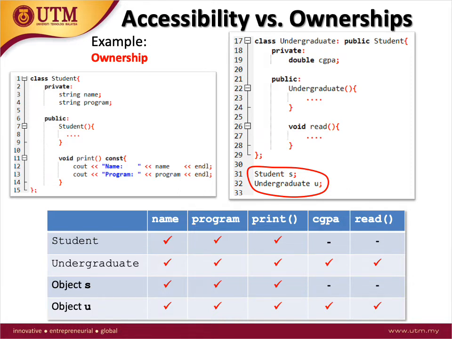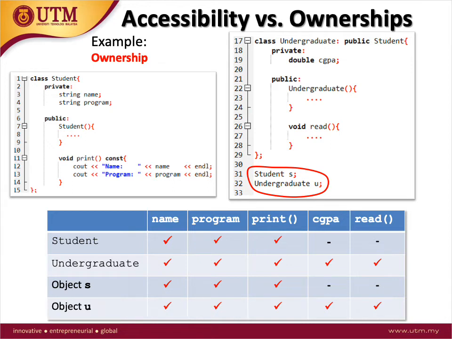So for example, the class Student owns the name attribute, the program attribute, and the print method, but it cannot own the CGPA and the read method in the Undergraduate class because they are in the derived class.